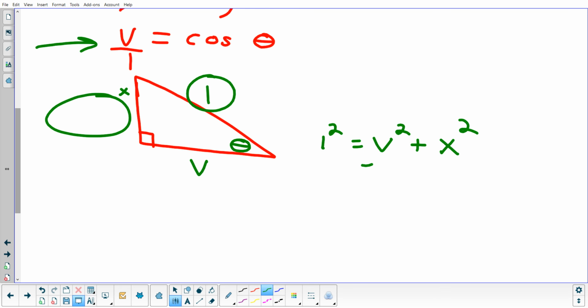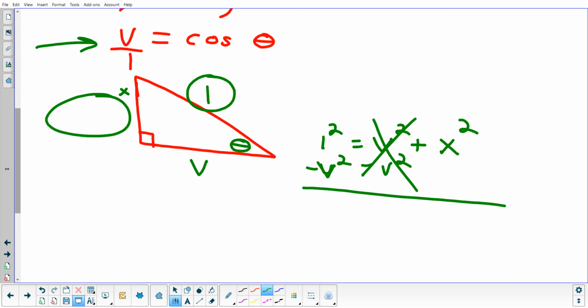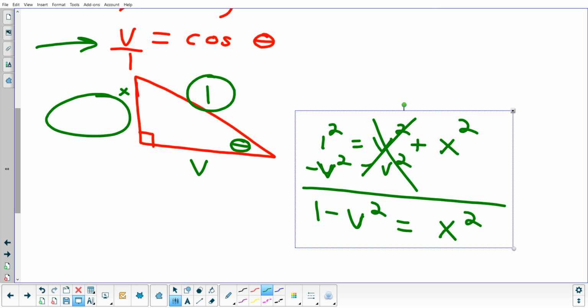Subtract v squared from both sides. That's gone. Now I have 1 minus v squared equals x squared. Same kind of thing we did earlier: I have the squaring function, and I want to get rid of it.